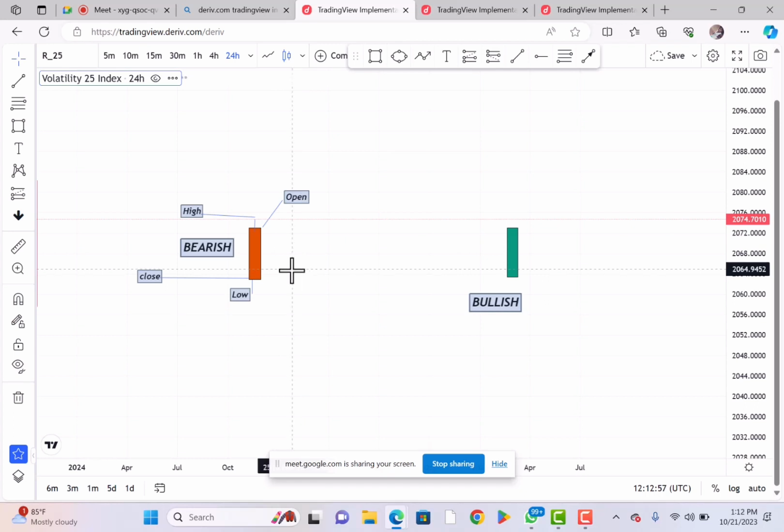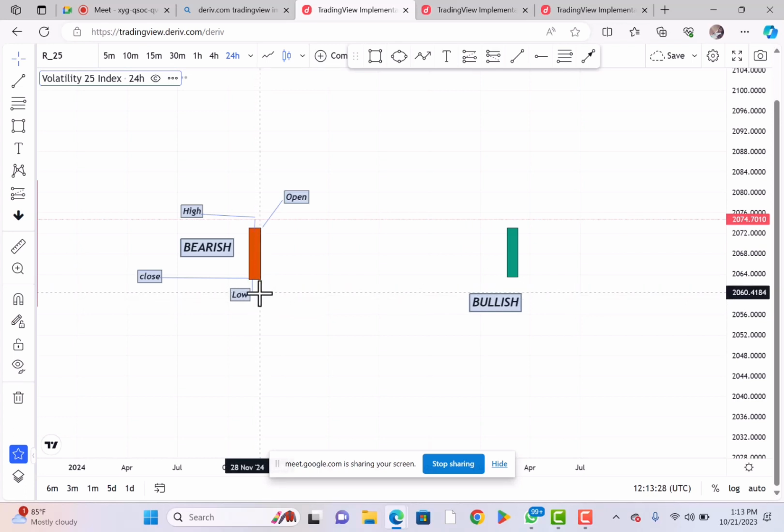Then the sellers begin to push price all the way to this lowest point. But when they get there, the bulls, the buyers, came in and said, no, we cannot continue looking at these people keep pushing price to the downside. So they stepped in and began to push the price upward.